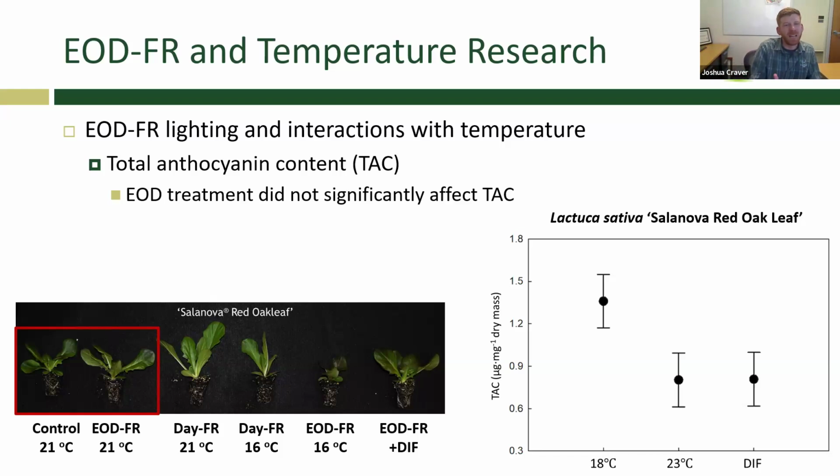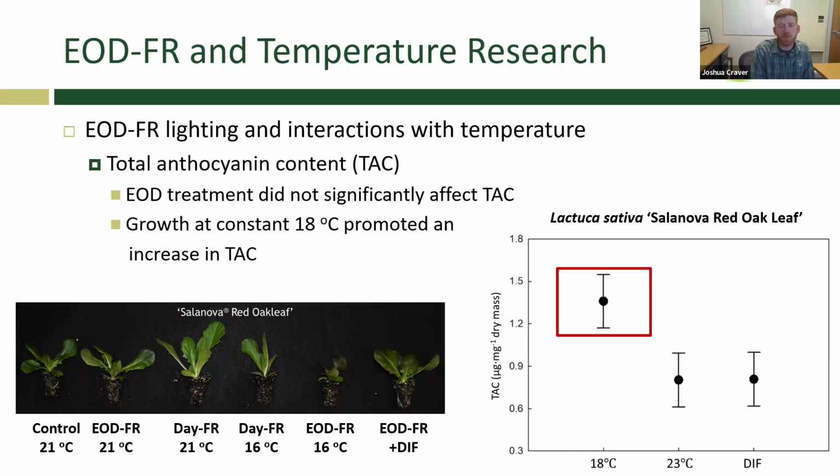In this case, we found that wasn't the case for our study. But where you often will see a greater decrease in pigmentation is when you're providing that far red light throughout the day. You can see that pretty clearly as we look at this red oak leaf lettuce and how green those leaves look under that extended period of only receiving a low red to far red ratio throughout the day at a normal temperature.